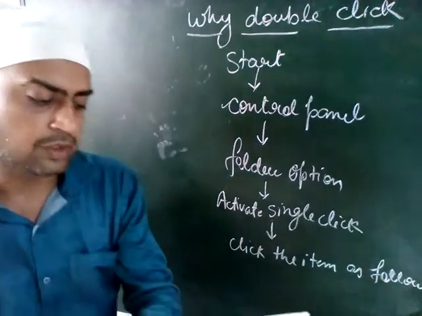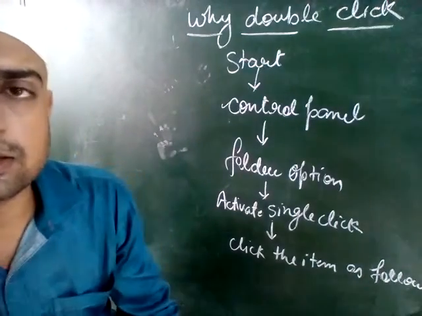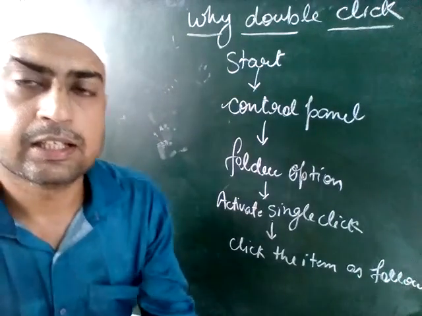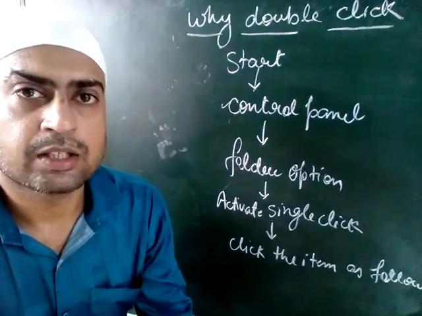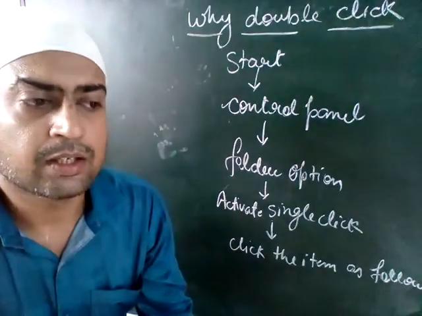Now, avoid pressing two keys together. What is this? This is the function of sticky keys. Sticky keys means if we press the shift button 5 times, then sticky keys will be generated.